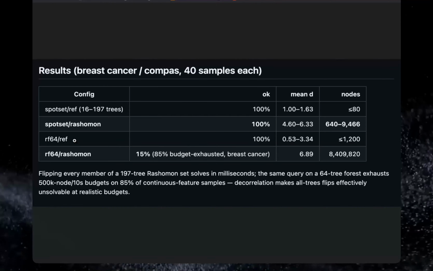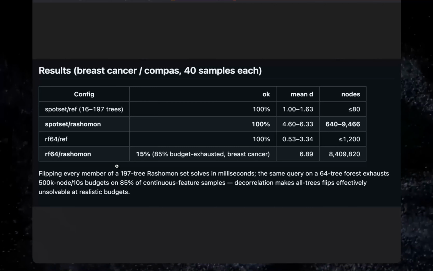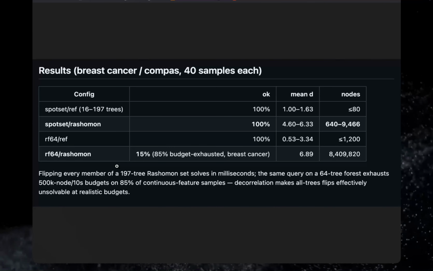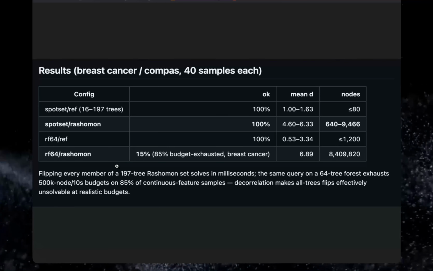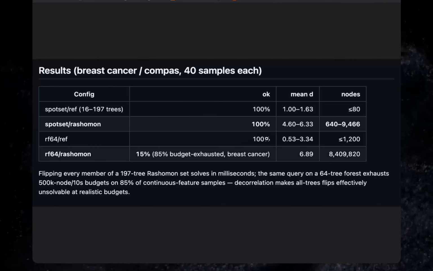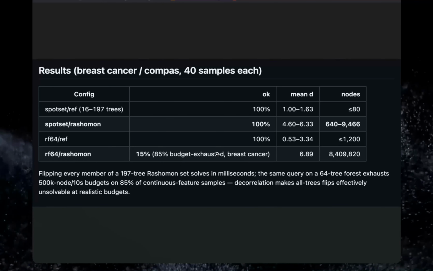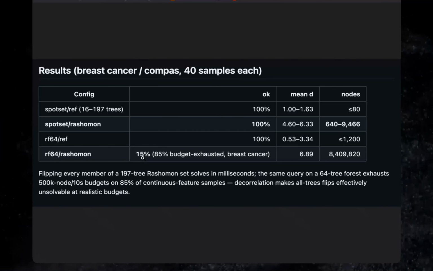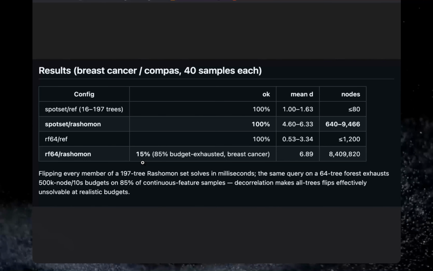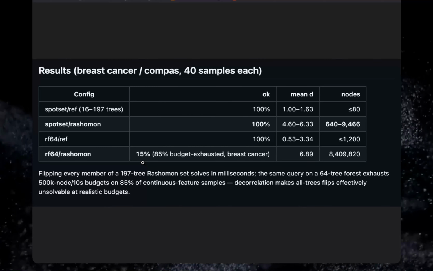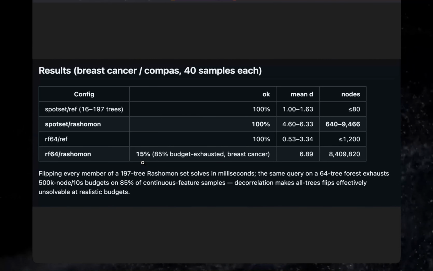Now, when you convert it to a random forest, just to explain the issue with this algorithm, you then have problems. For all the synthetic sets, I still got a 100% pass rate, but off the breast cancer set, I only got a 15% pass rate. And this is the thing that drives me really crazy when reading these research papers.